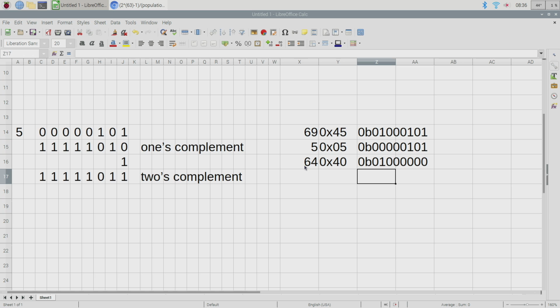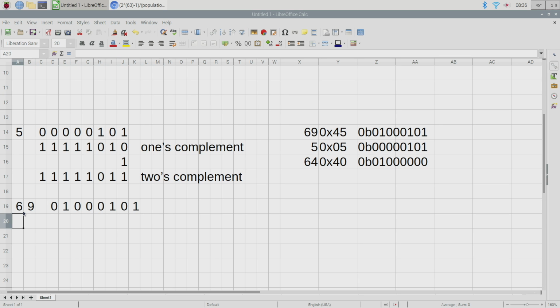Okay, well, let's make sure that it is. So rather than subtracting 5, let me take my 69 and write this out in binary. It was 0, 1, 0, 0, 0, 1, 0, 1. So this is 69.